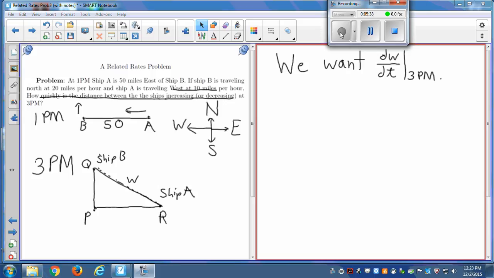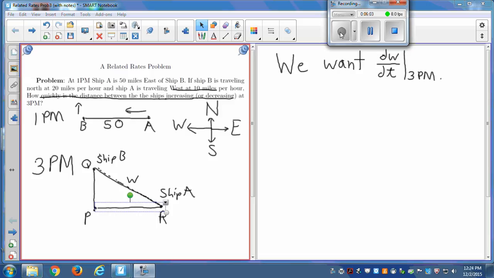So in these related rate problems, there's usually a rate that you want, and there's usually some other rates that are given. So we look at our picture, right? We're thinking about what's going on around 3 p.m. So around 3 p.m., this line below is getting shorter.